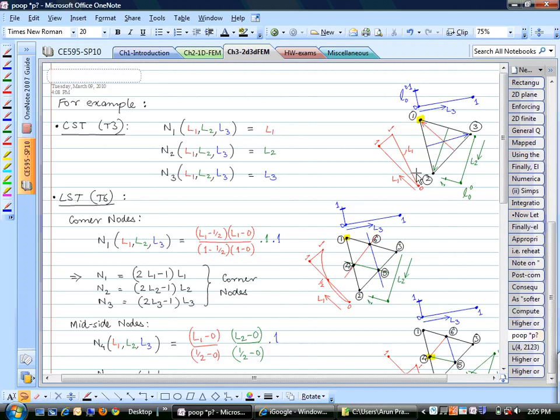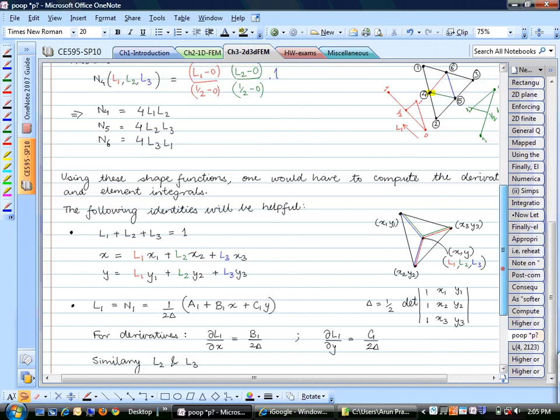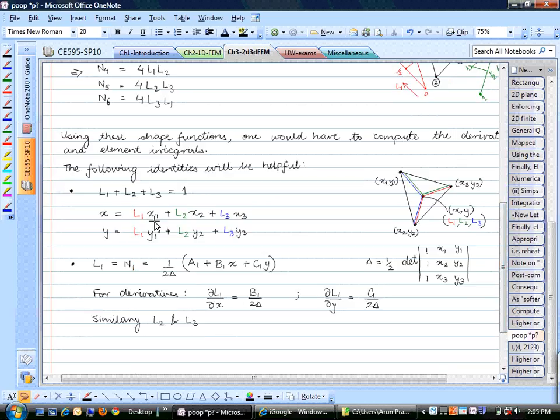N2, the shape function for node 2, is simply equal to L2. Shape function for node 3 is simply equal to L3. If you replace with N1 times X1, N2 times X2, N3 times X3, you will get this relationship. That's the isoparametric map relationship that we had before. And similarly for the Y direction.